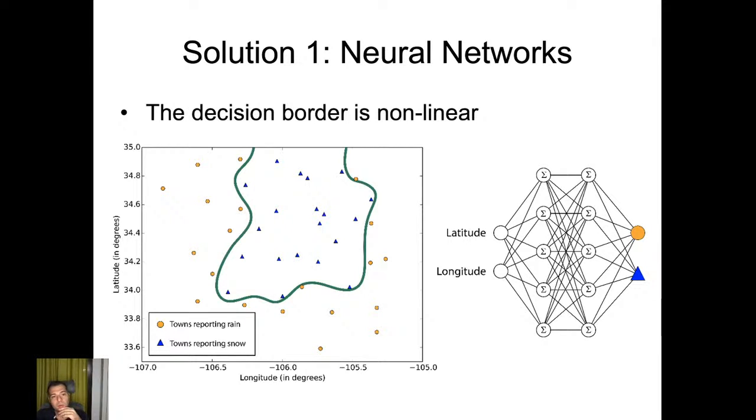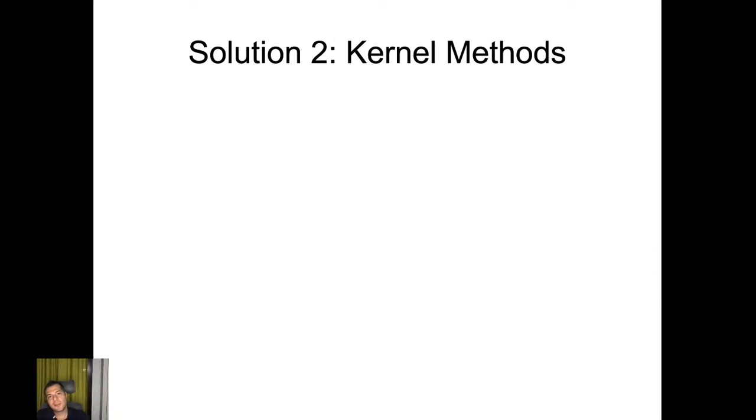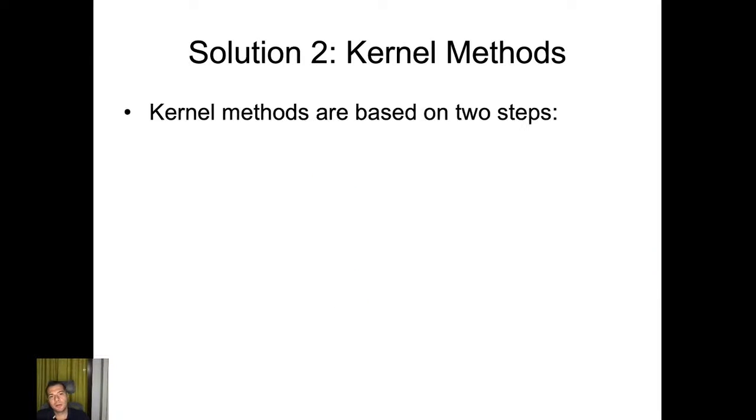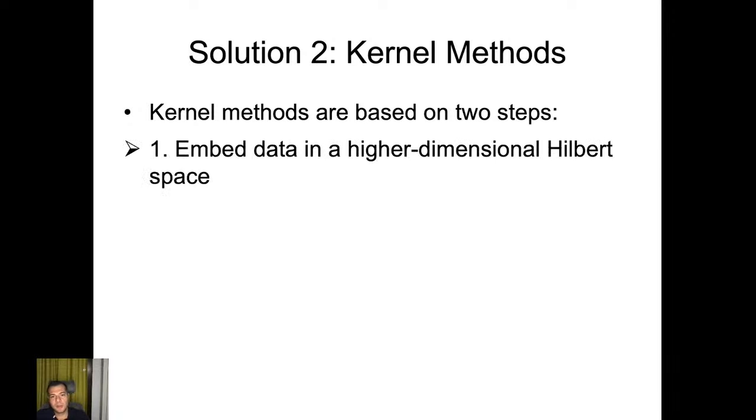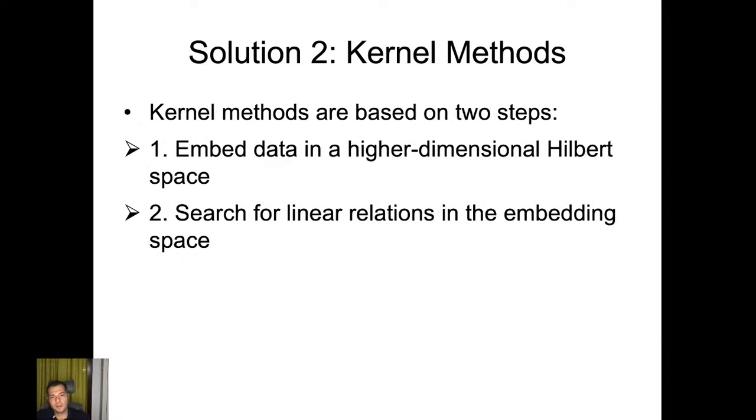Okay, so one approach is to use this model and to combine them into more complex models in order to achieve non-linear decision boundaries, and the other solution is to use kernel methods. So this is the topic for today, and kernel methods are commonly based on two steps. First, they embed the data in a higher dimensional Hilbert space, and then they search for linear relations in this embedding space.